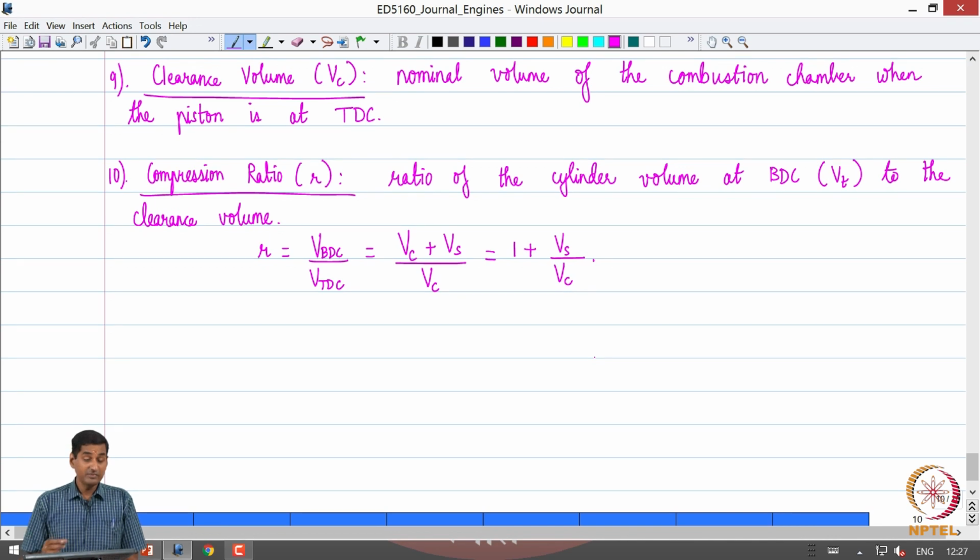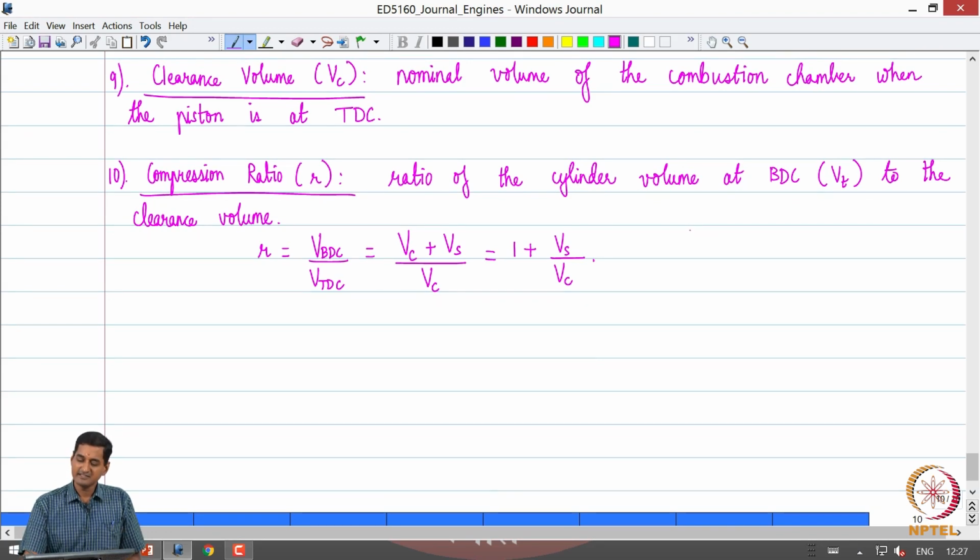Okay. So, compression ratio is going to be a very important parameter as far as engine performance is concerned, and we will see what influence or impact it has on engine efficiency and fuel consumption and energy output and so on, when we do engine analysis. Depending on the type of engine, whether spark ignition or compression ignition, there are typical ranges of compression ratios.